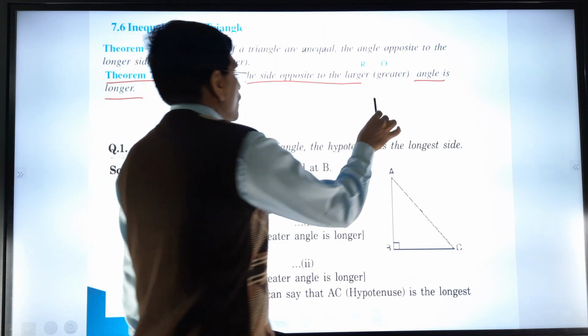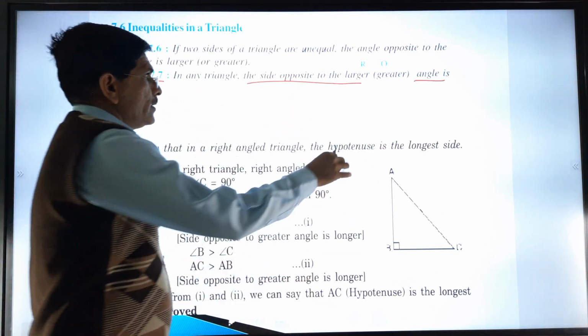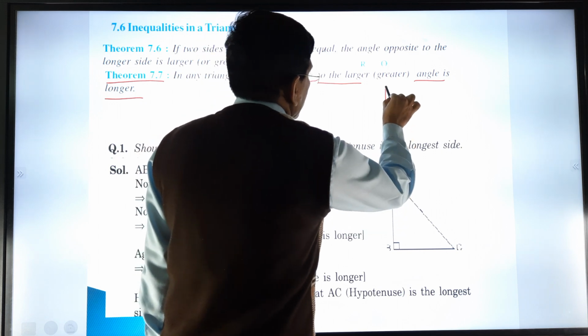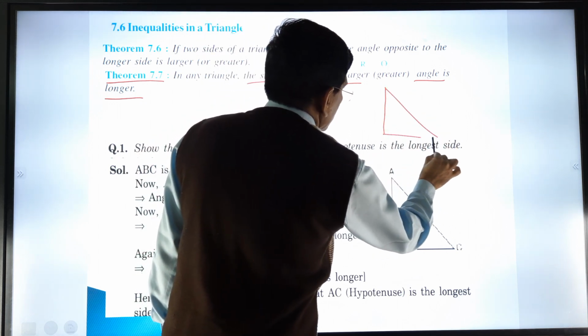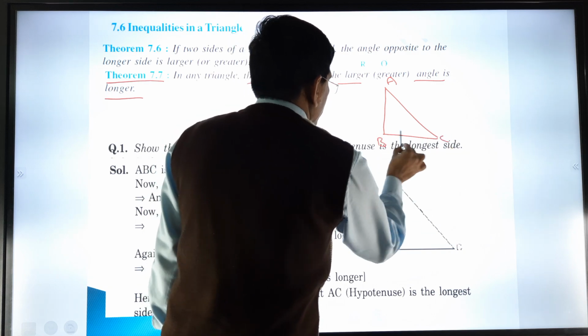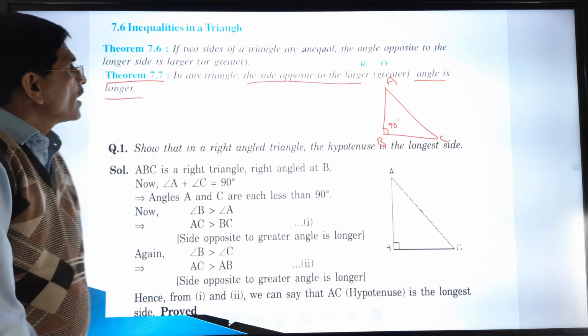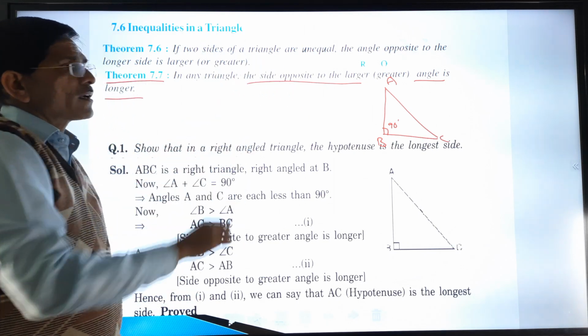Again, we have to draw one triangle. Let me draw one right angle triangle. We know that in a right angle triangle, the greatest angle is 90 degrees.